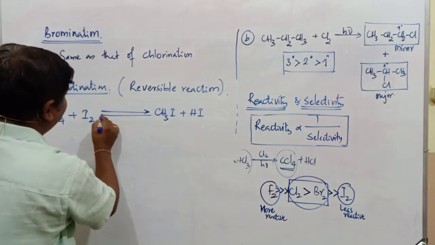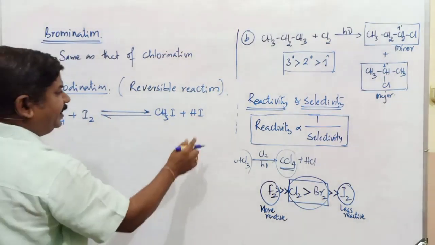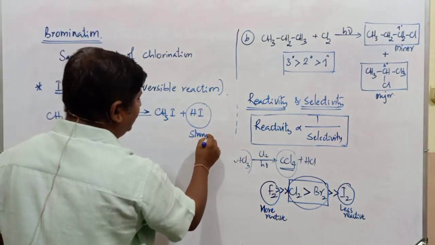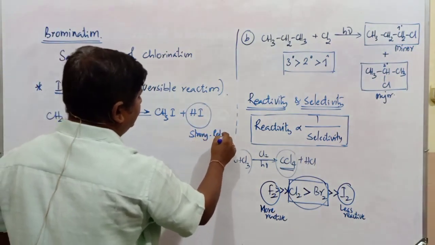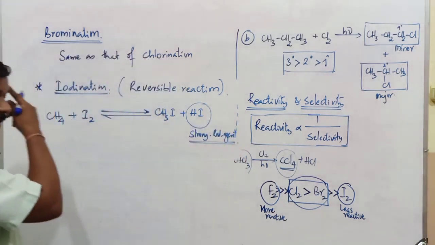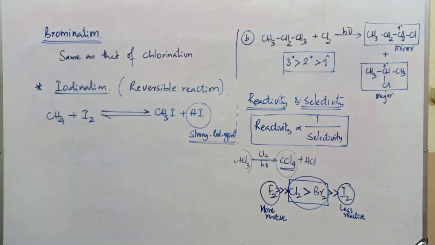Whatever amount of HI is there, this HI is one of the strongest reducing agents. So this HI converts CH3I again into methane plus iodine.